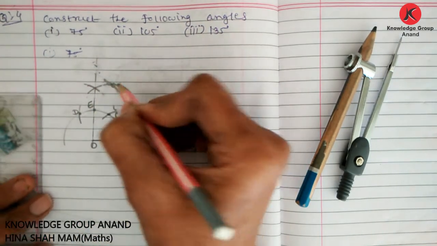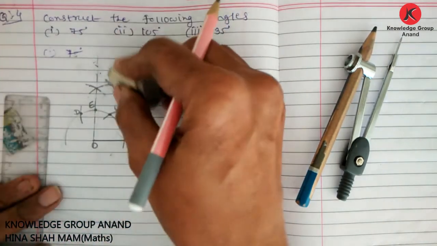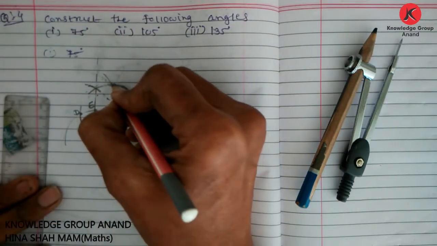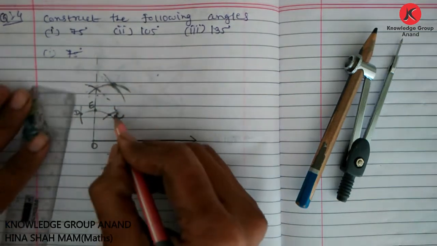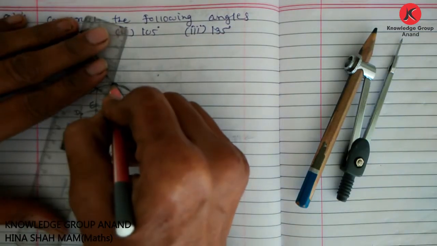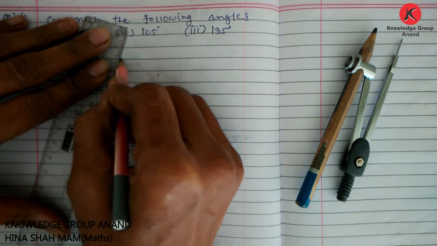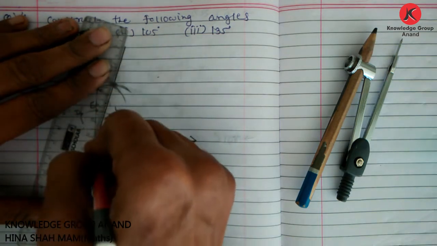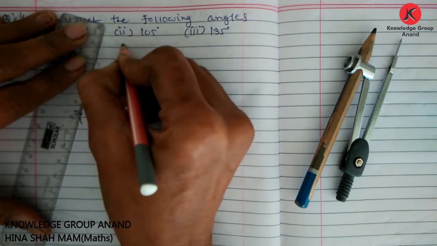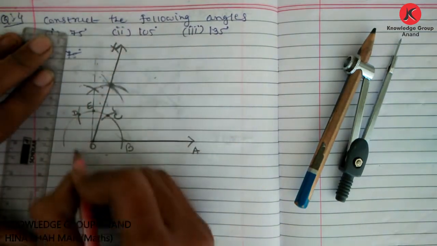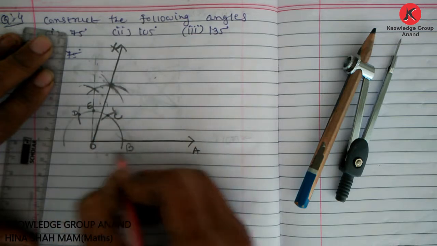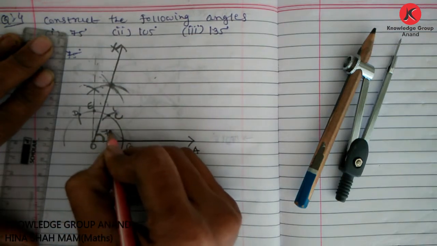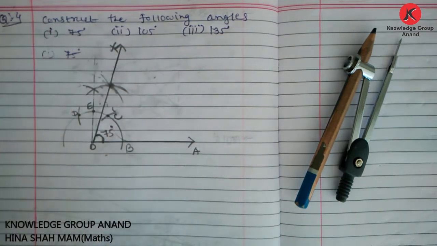Half of 30, the bisector of 30, is 15. Then 60 plus 15, this angle XOB is equal to 75 degrees.